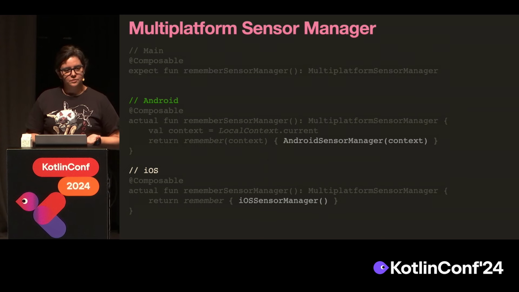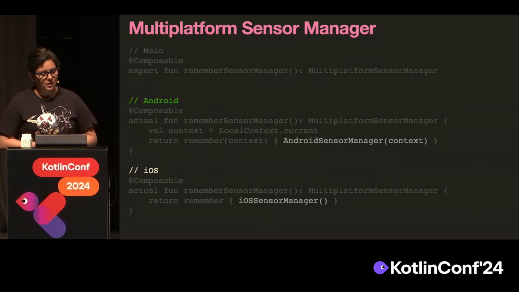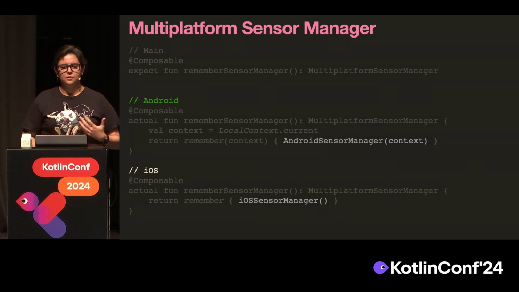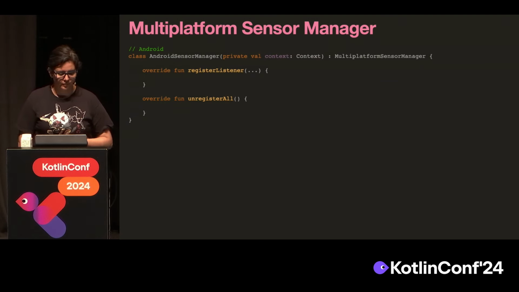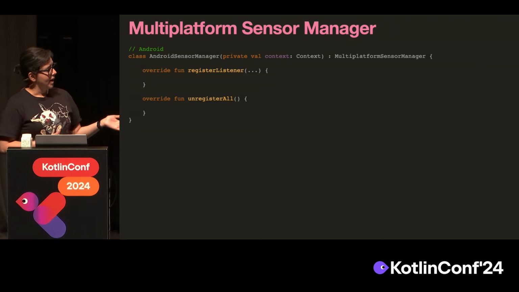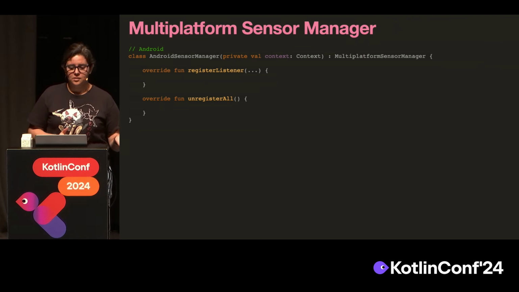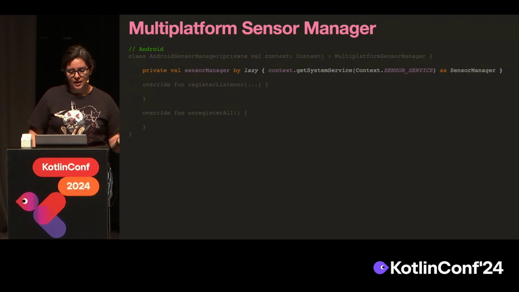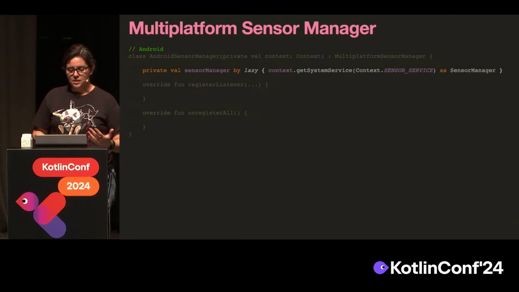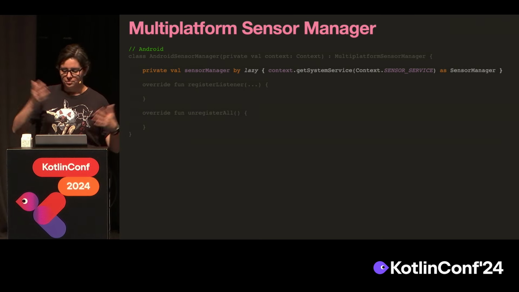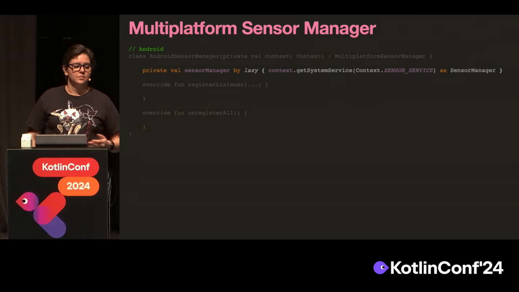Cool. So far so good, but let's take a deeper look at how these sensor managers for Android and iOS look. And let's start with Android. The way Android works with sensors is you need to create an instance of sensor manager. This sensor manager is a system service that you just get, like a regular service from Android.